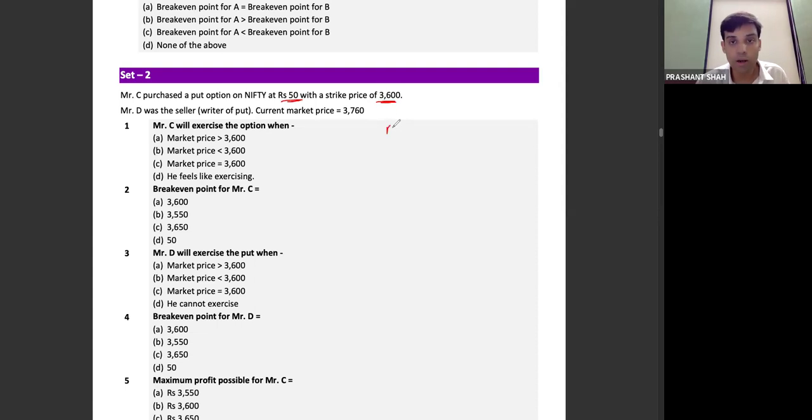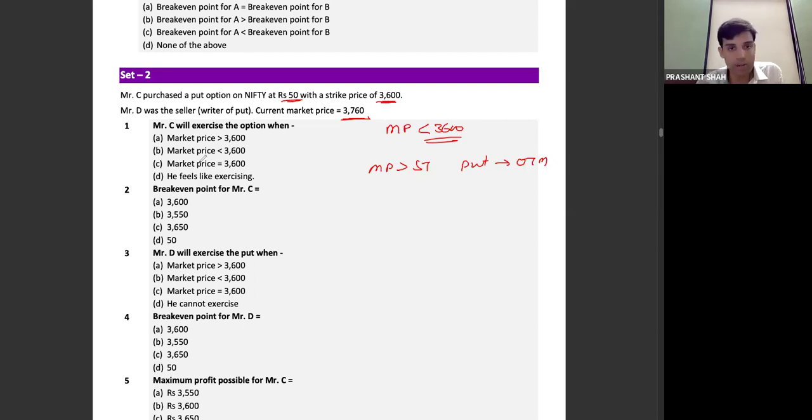That means when the market price is less than 3600, it's going to be exercised. Otherwise, no. Mr. D was the seller and the current market price is 3760. So we can easily find out whether this option is in the money, at the money, or out of the money: the market price is more than the strike price, and this is a put option, so it's out of the money. Had it been a call option, definitely it would be in the money.